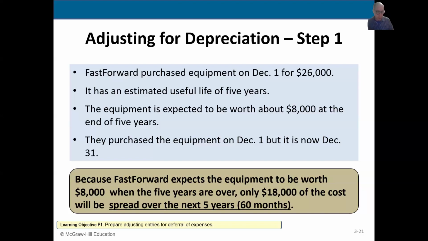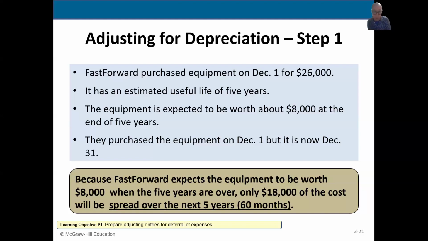What that does is it helps us recognize the depreciation expense for the month of December, because December is at the end of the year. That's why I have to break it up across months. Otherwise, I could do the $3,600 at the end of each year thereafter. Make sense?